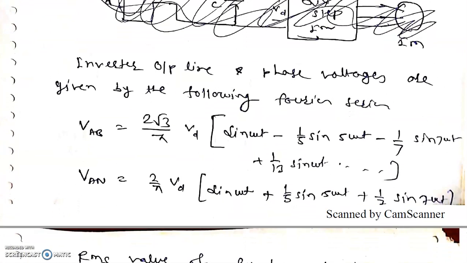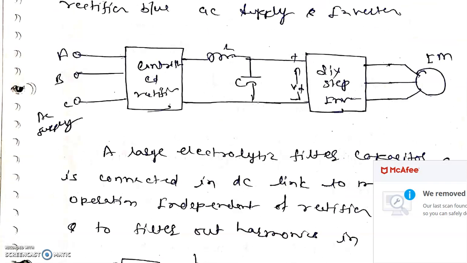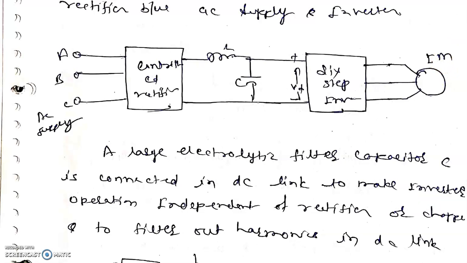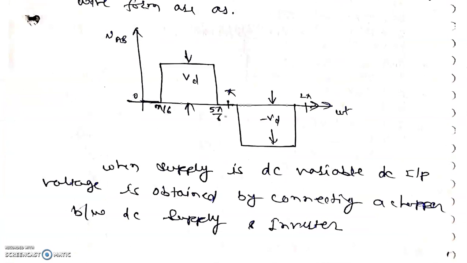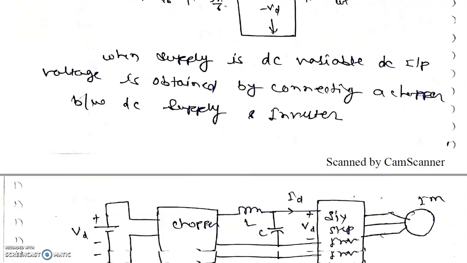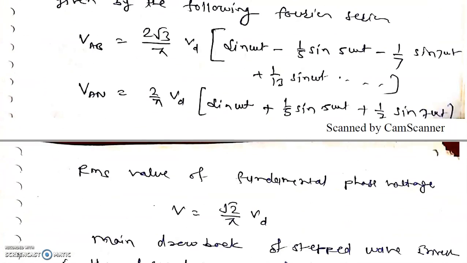So the inverter output line and phase voltages are given by the Fourier series. If we make the Fourier analysis of the output waveform, this is the output waveform of the VSI block, we can resolve this waveform into different components.